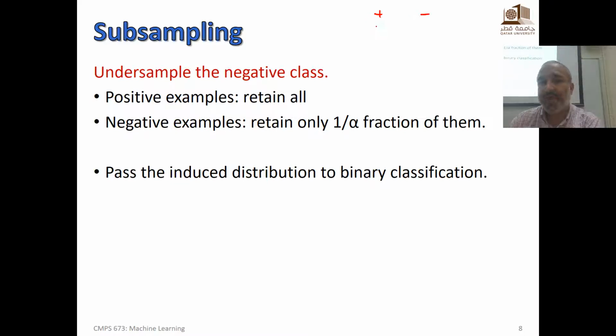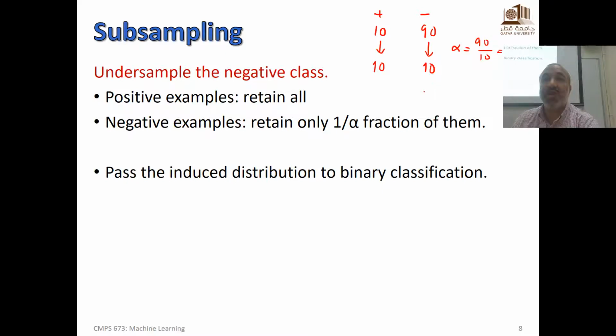Originally we had 10 from the positive and 90 from negative. We will keep these the same, we will not touch them. And from this 90, we will sample how many? 1 every 9. So we will get 10. Alpha here is 90 over 10, right? Which is 9. Okay, is that clear now?